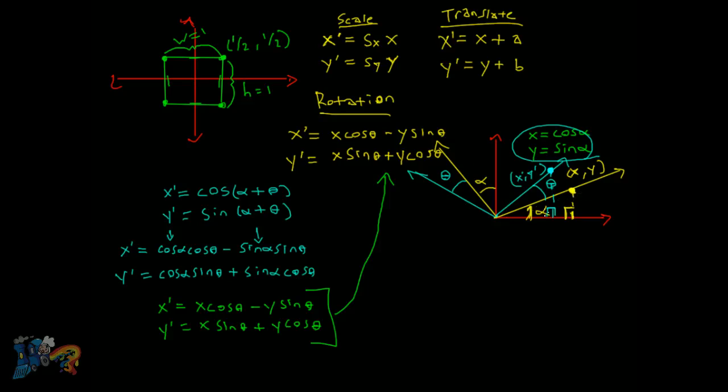Except, as you could be asking, where did this alpha come from? And if you were listening before, I had mentioned that this angle alpha could be 0. So in reality, we could be right here and right here. This angle alpha is just equal to 0, which means that no rotation occurred.